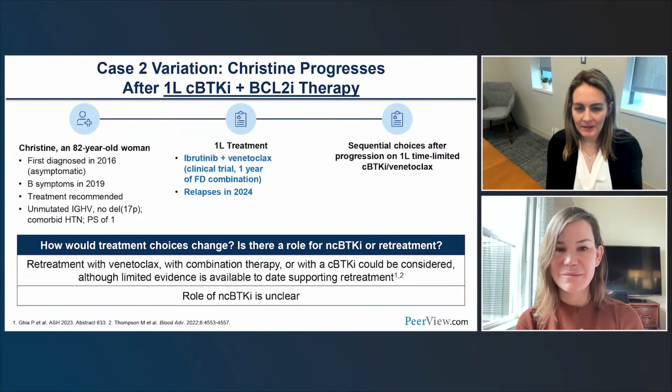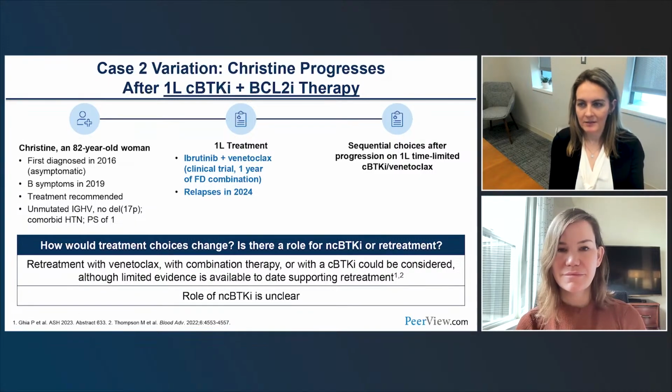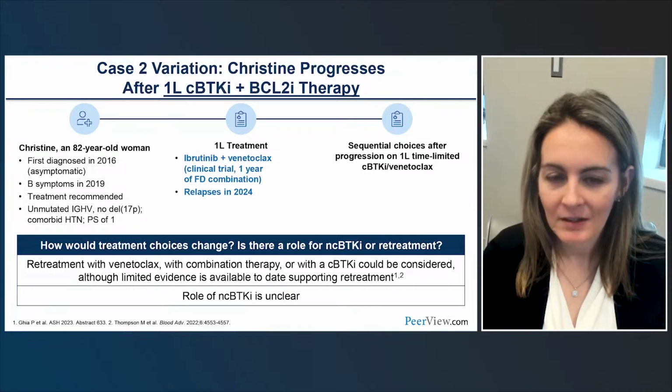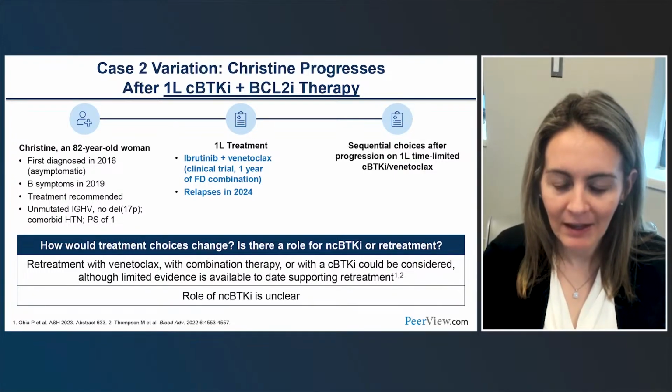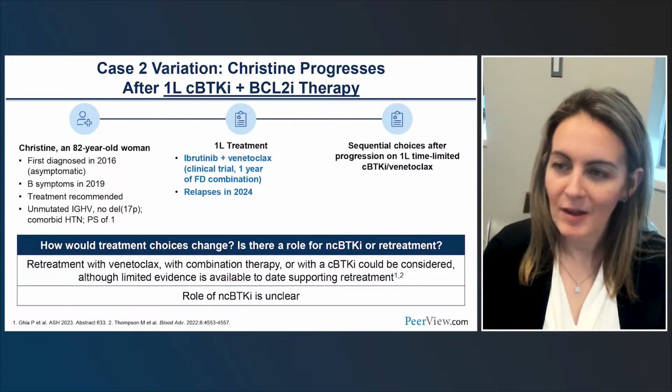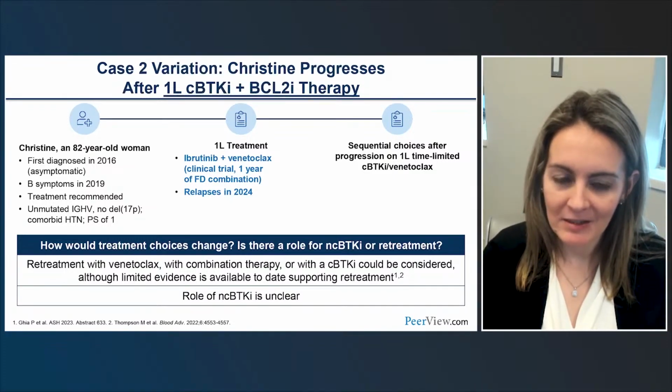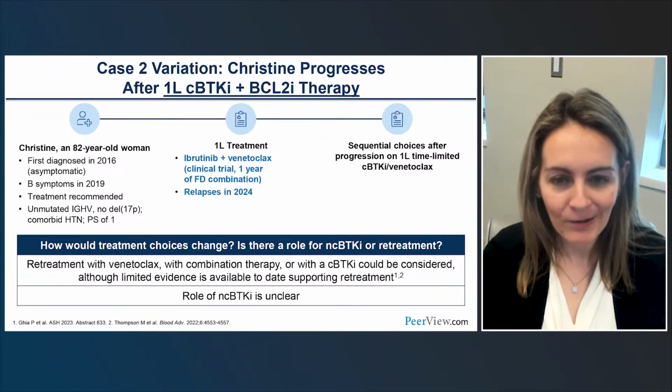Yeah, I think this is a great case to discuss because, as you mentioned, there are patients who have been treated with this regimen as well as other BTK, BCL2 inhibitor combinations, on a clinical trial often. And then we enter this zone where we have some data, but not a ton. A lot of data is being gathered right now.